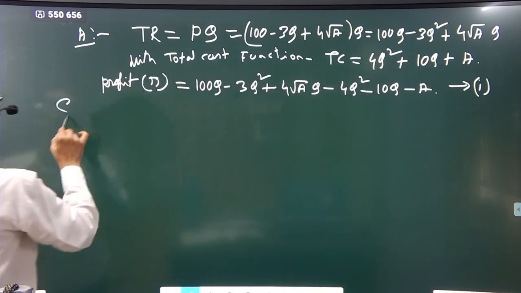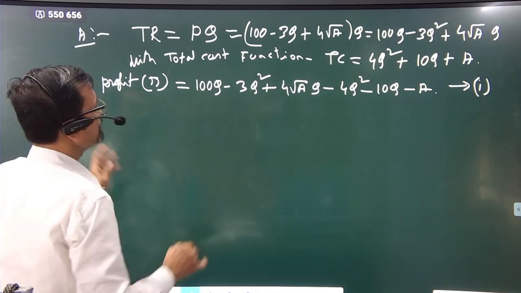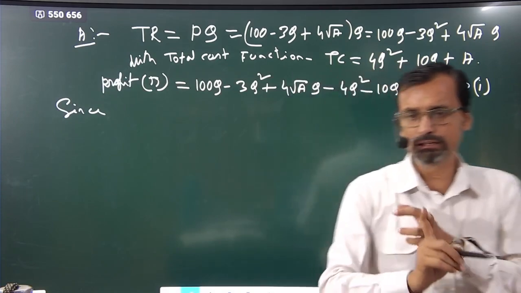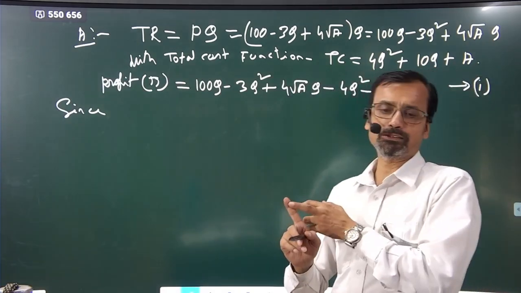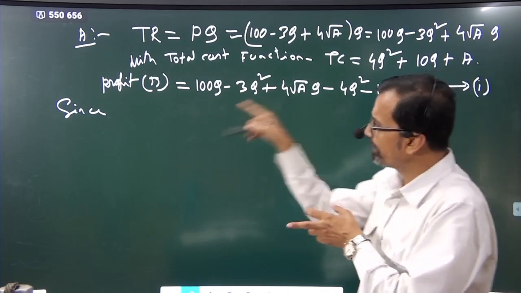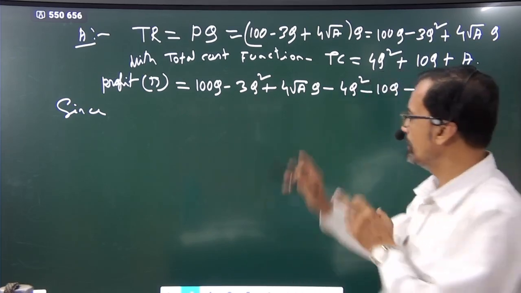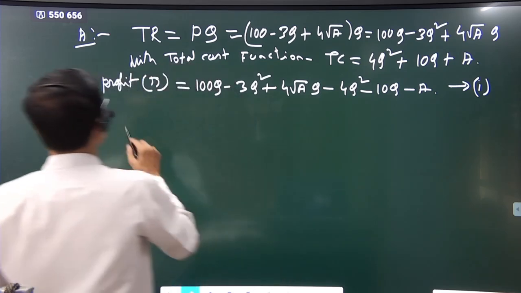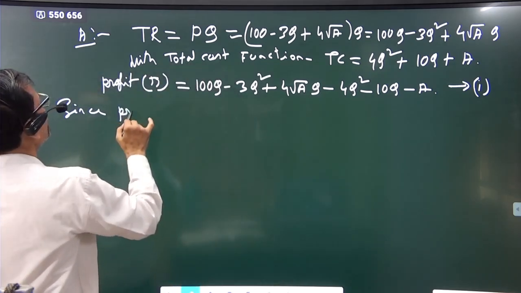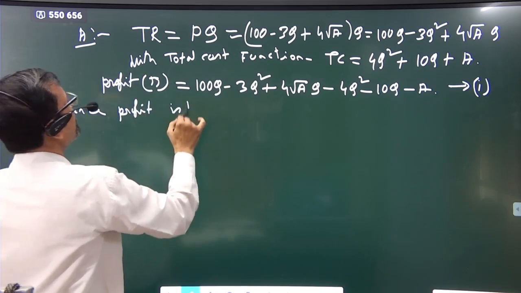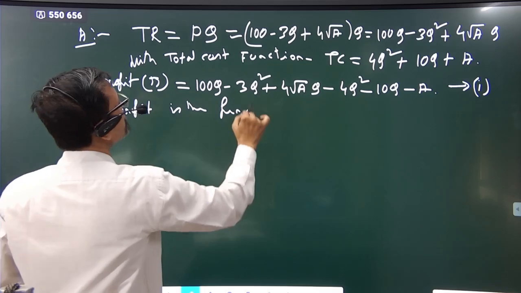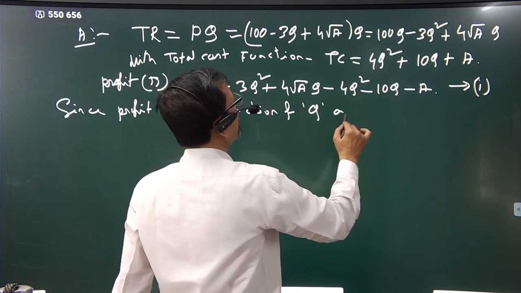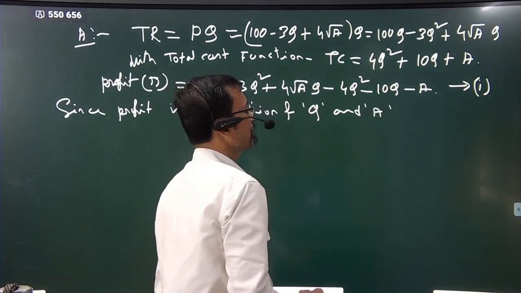We need to understand one thing: since the total revenue is a function of quantity output produced and advertisement cost, profit will also be a function of not only quantity output produced but also the advertisement cost. Since profit is a function of Q and A.